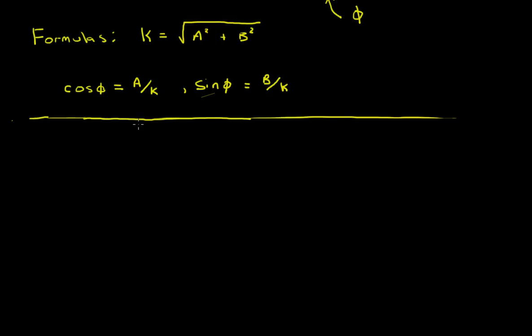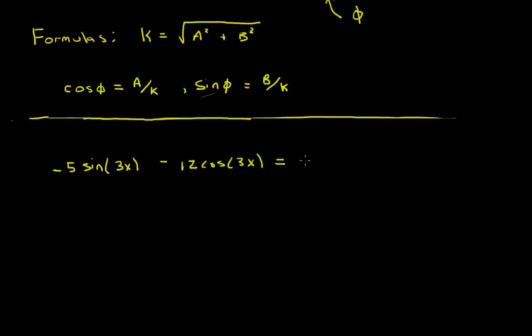As our final example, let's consider where both capital A and B are negative. And let's throw in a different multiplier on the inside. So let's say we've got negative 5 sine 3x minus 12 cosine 3x.